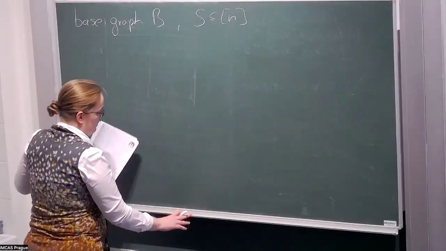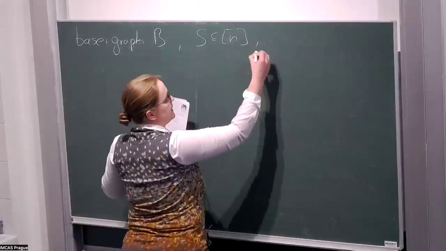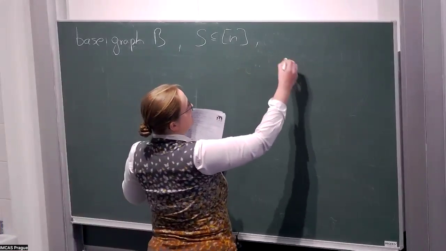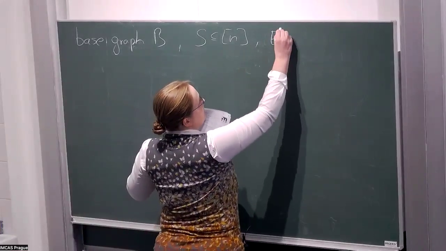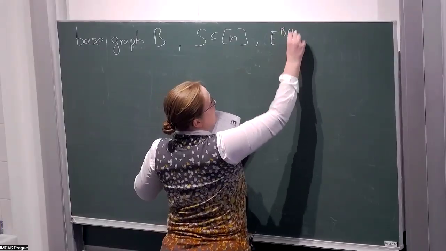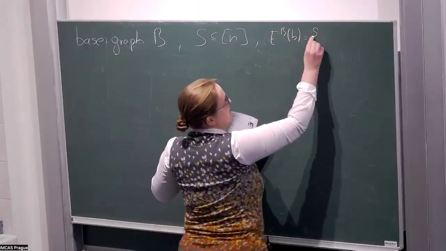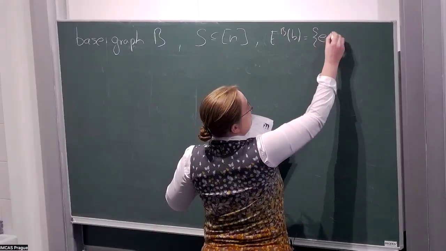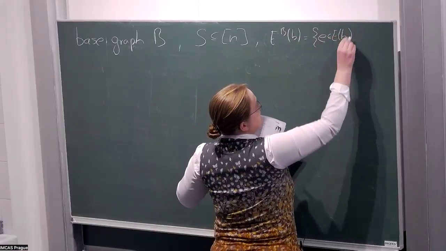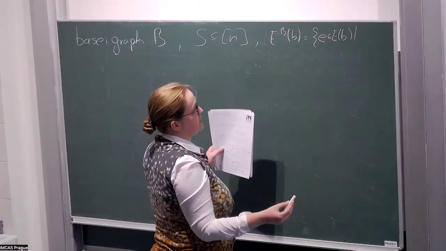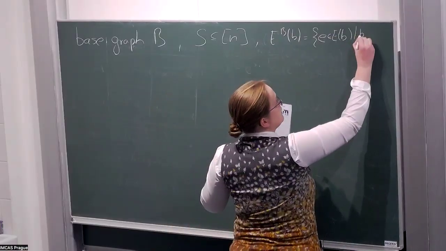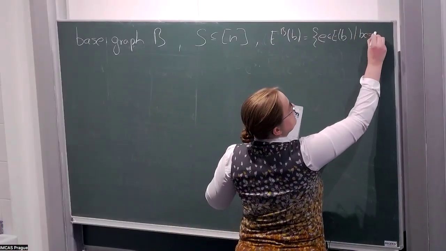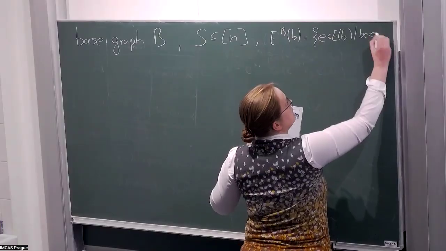And we have some notation: for each vertex v, E_B(v) is the set of all edges that are incident to this vertex.